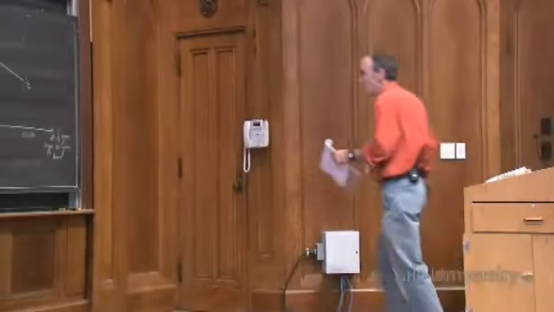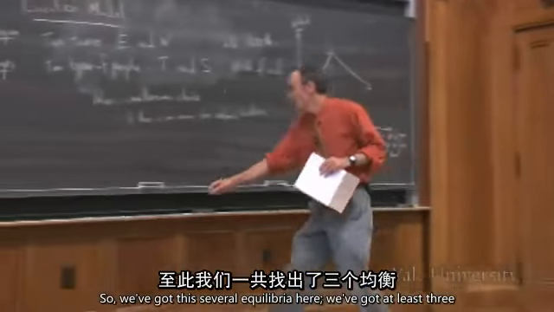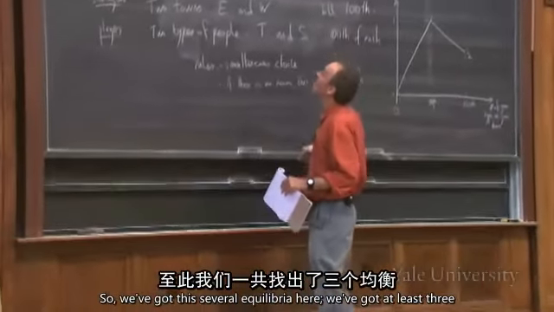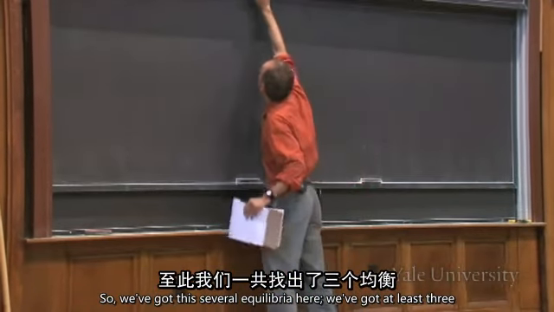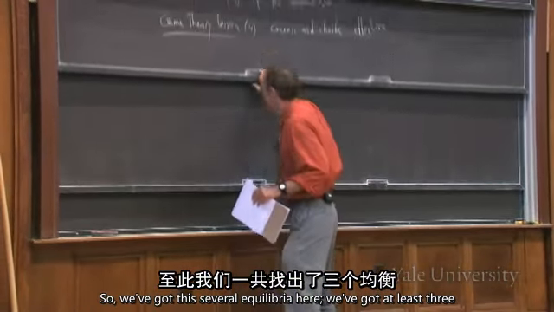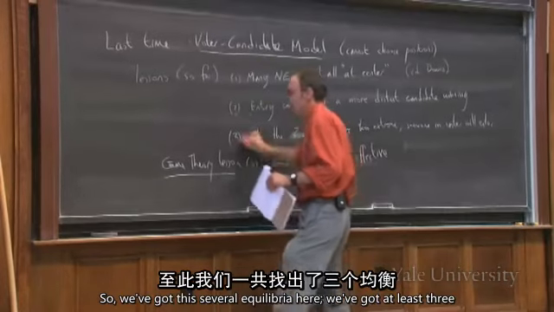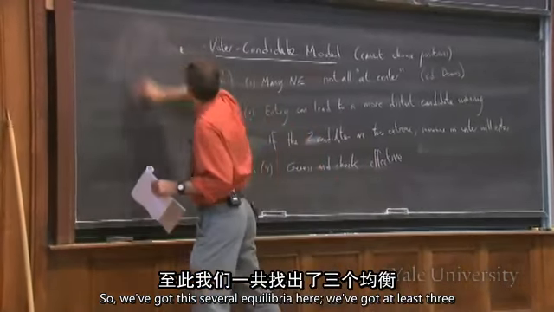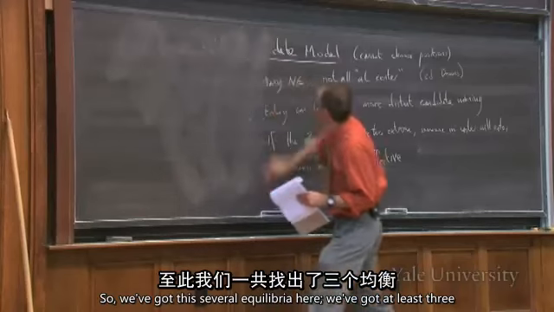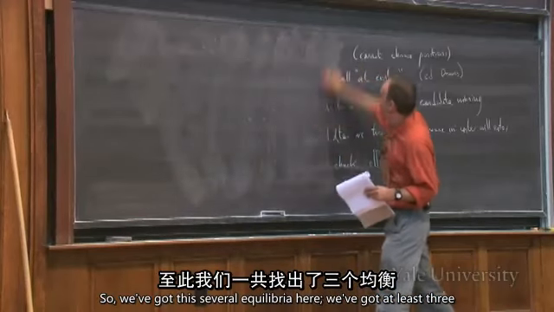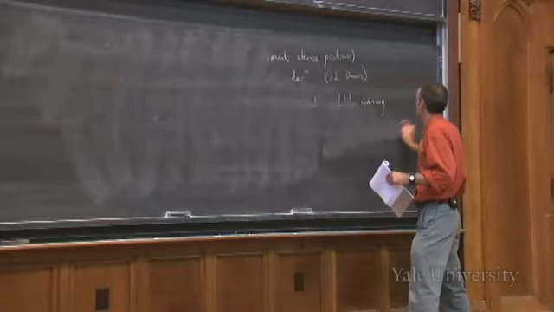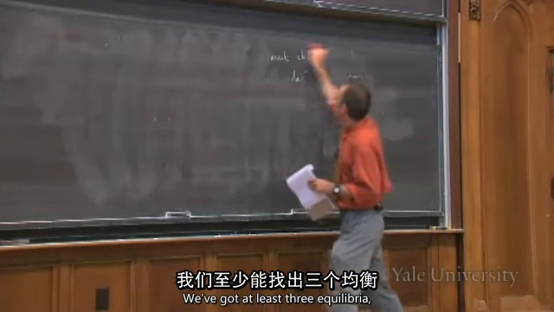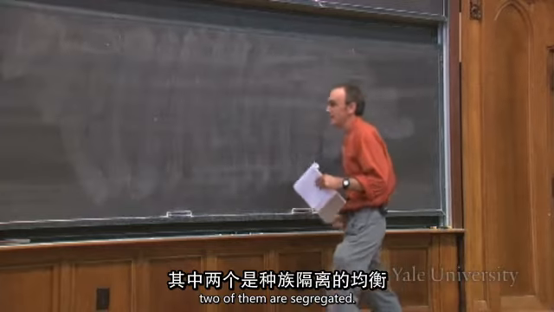All right, so we've got these several equilibria here. We've got at least 3, and we'll come back and talk about whether there are others in a minute. 2 of them are segregated.